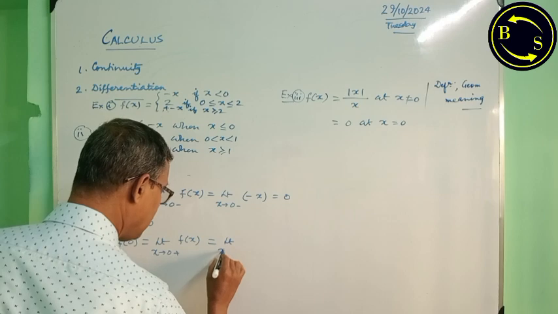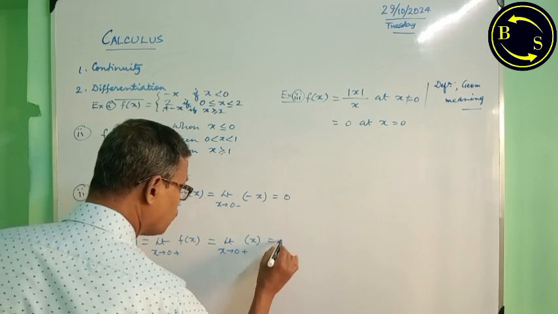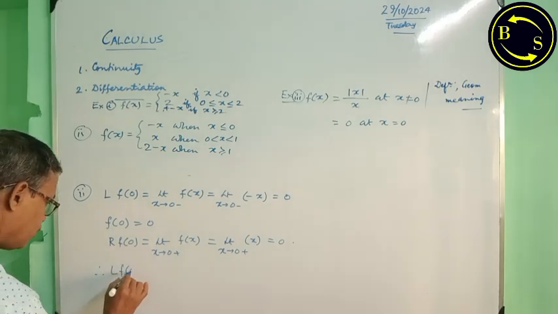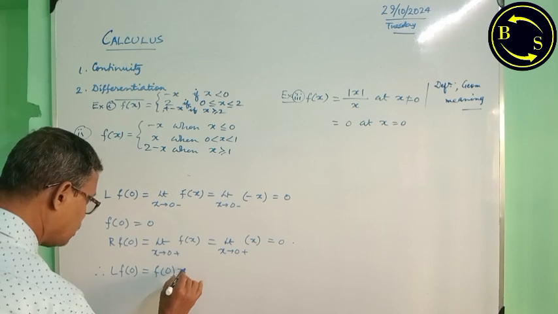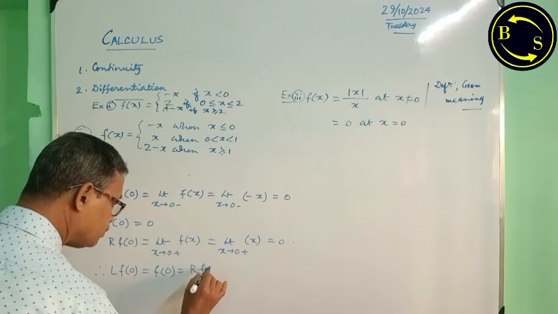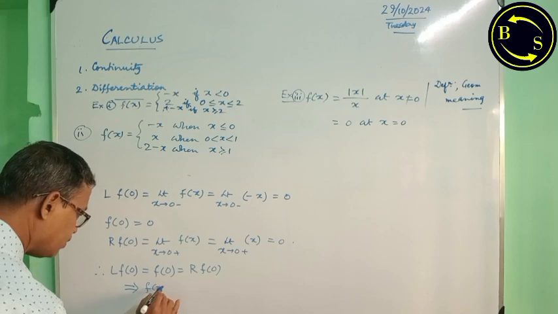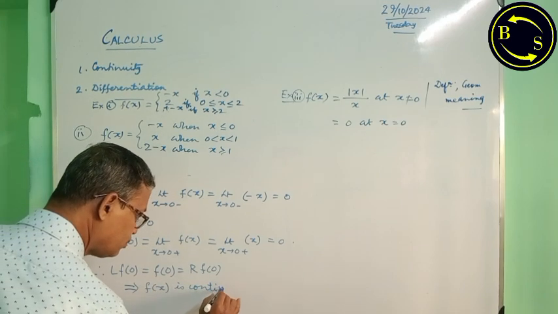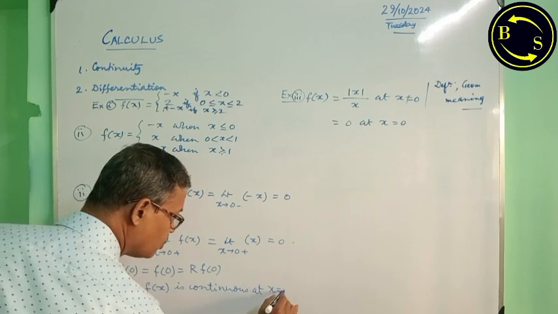Limit x tends to 0 plus, that is equal to 0. Therefore, LF0 is equal to f0 is equal to RF0. f(x) is continuous at x equal to 0.